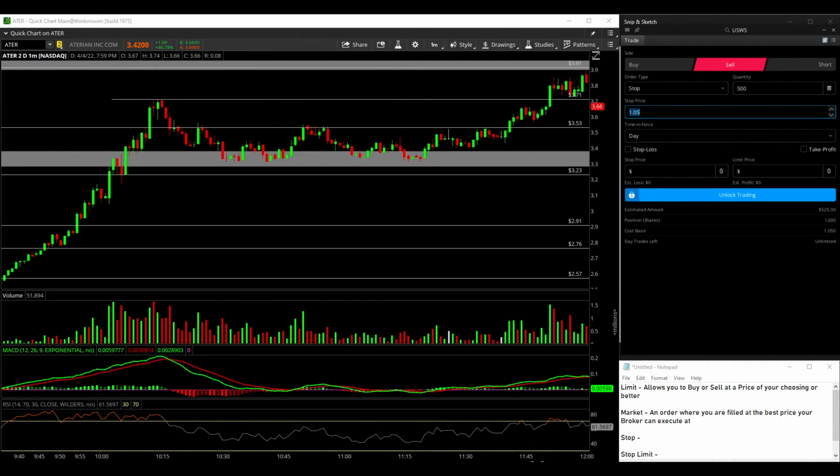So we could put in a sell level at 330, because if it breaks below 331, which has been holding as support, the setup is pretty much bearish. So if it breaks below this strong support, it'll instantly sell if it hits 330. And that's a way that you can control your exits and the price you're getting out at, because you pick.